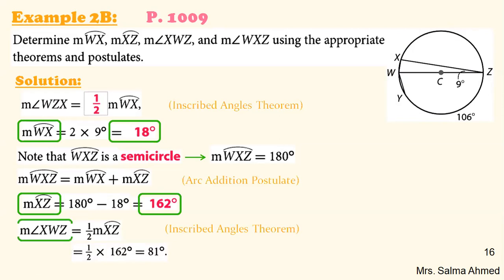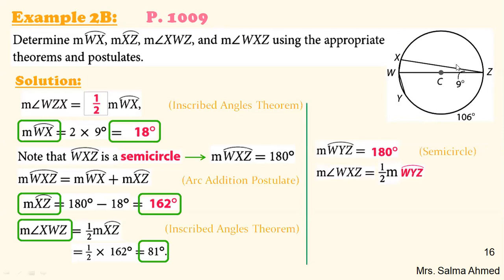Now I'm going to have the fourth unknown, which is WXZ. So I need to know the measure of arc WYZ, this arc is 180, as if it is a semicircle.